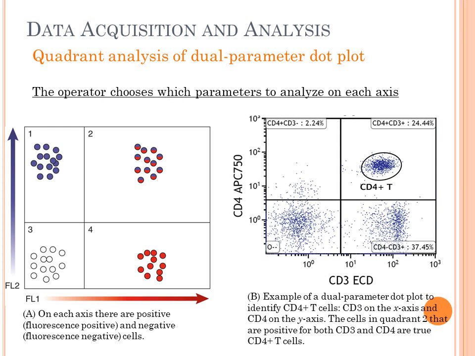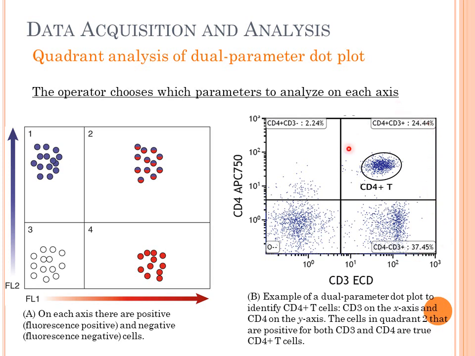So if we try to plug this in to an actual chart, we're looking at CD4 and CD3. How are we looking at the two different ones? One, the antibody to CD4 is complexed to one fluorochrome. The antibody to CD3 was complexed to a different fluorochrome, such that they emit different colored lights.